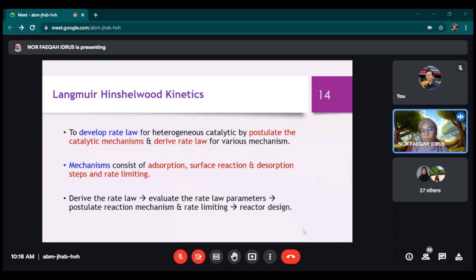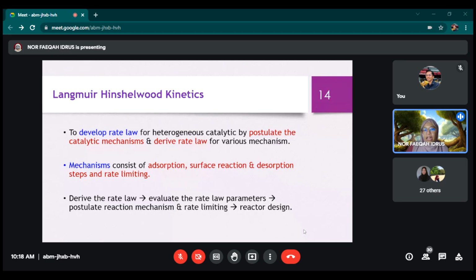So they need to postulate the catalytic mechanism, derive the rate law and compare it with the experimental data. But at your level for this topic, we just learn how to postulate or propose the mechanism of reaction and write the correct rate law equation.